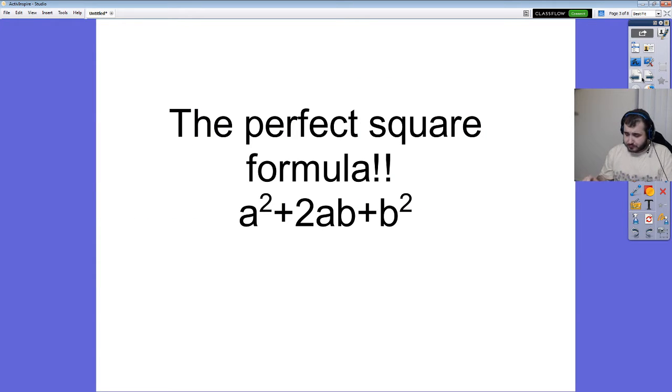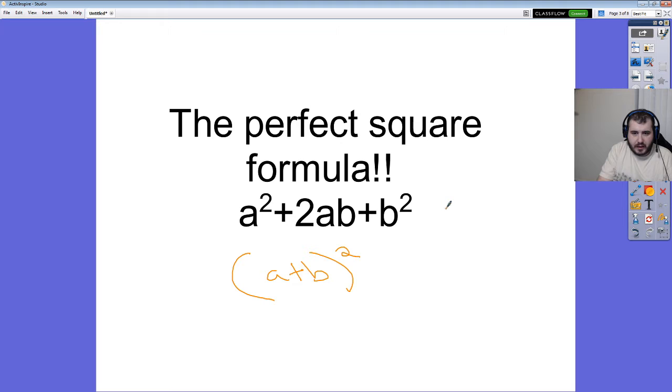So in order to do this, the very first thing that we have to know is the perfect square formula. If we have a squared plus 2ab plus b squared, we can rewrite it as a plus b squared.